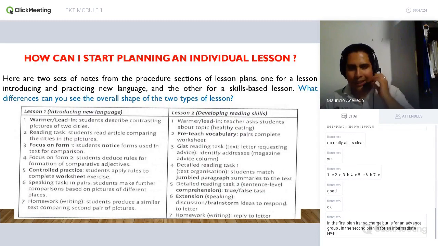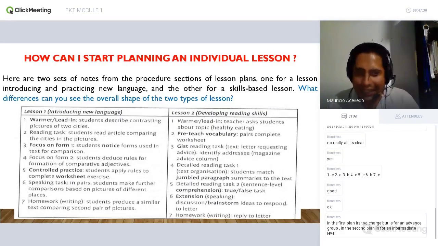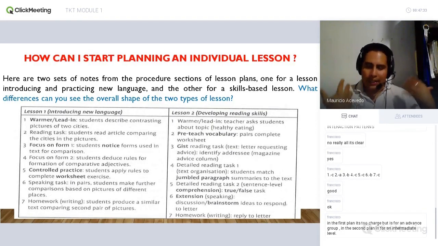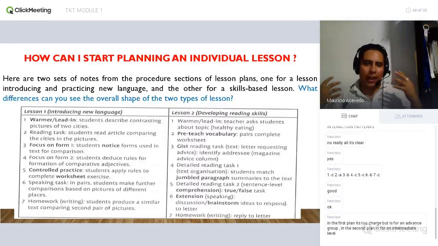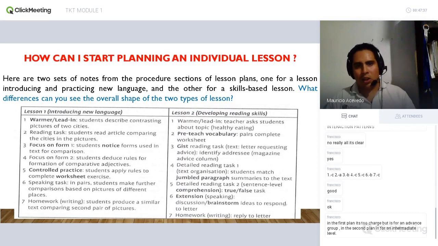Okay, I don't know if I'm explaining myself. Like, what is the form in one? Is it more like grammatical stuff, like accuracy, or more for the skills? What do I need to focus on, as a teacher, in the plans?